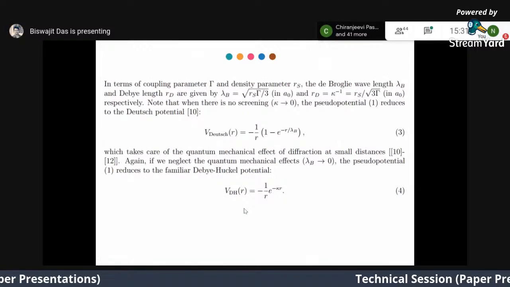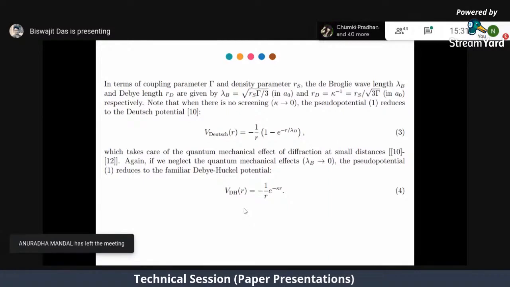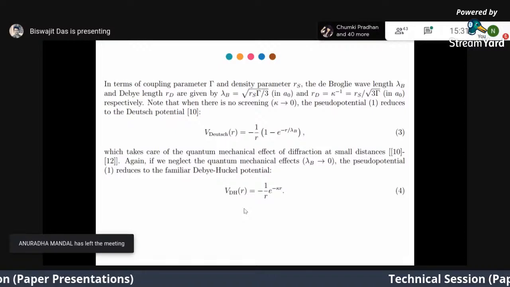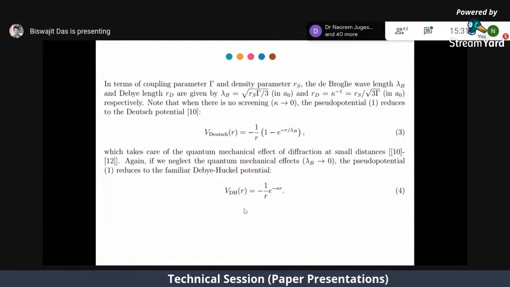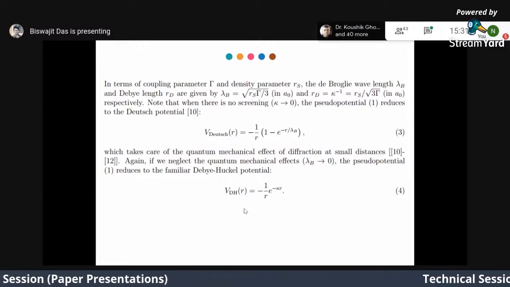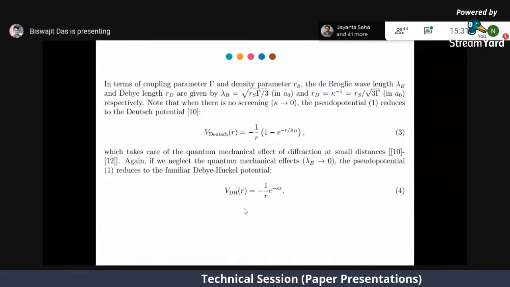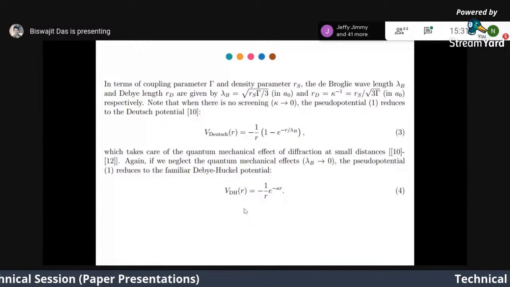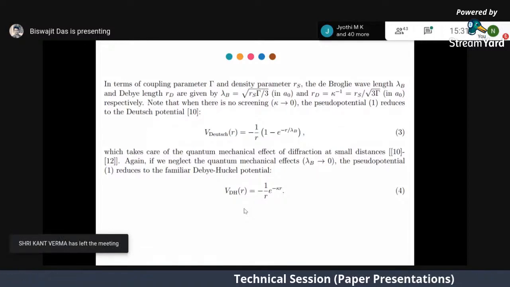In terms of coupling parameter gamma and density parameter Rs, the de Broglie wavelength lambda b and the Debye length Rd are given by this. Note that when there is no screening, that means kappa tends to 0, the pseudo potential given by 1 reduces to Deutsch's potential given by equation 3, which takes care of the quantum mechanical effects of diffraction at small distances.